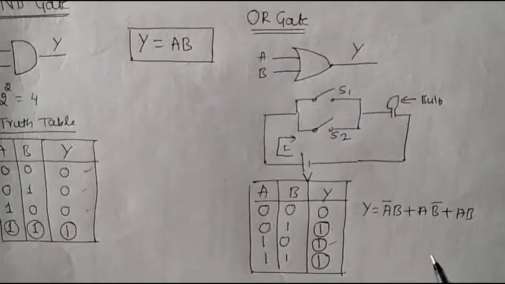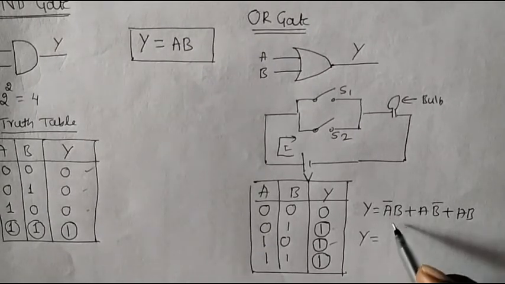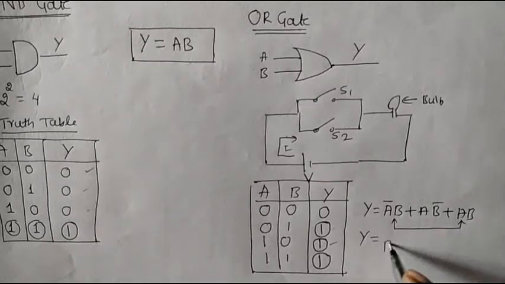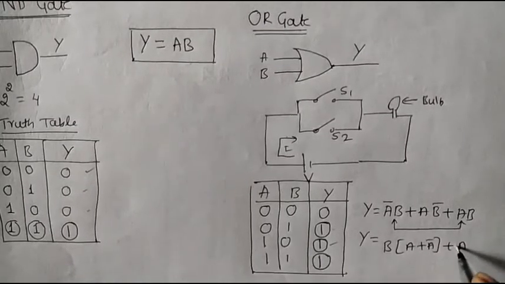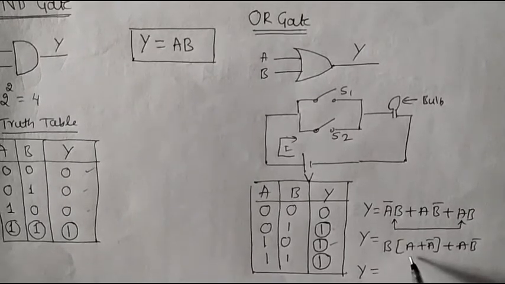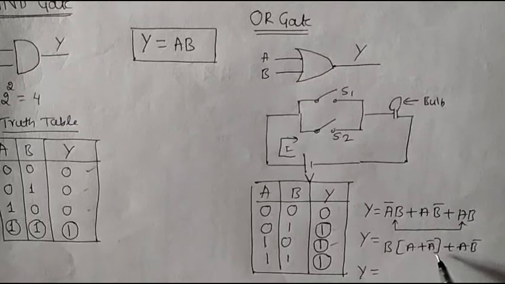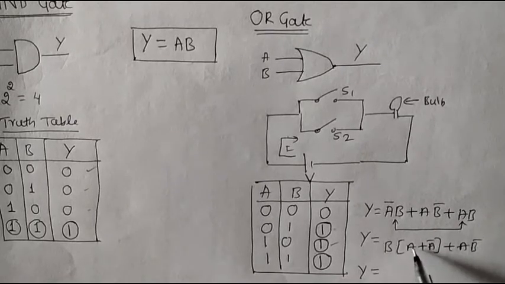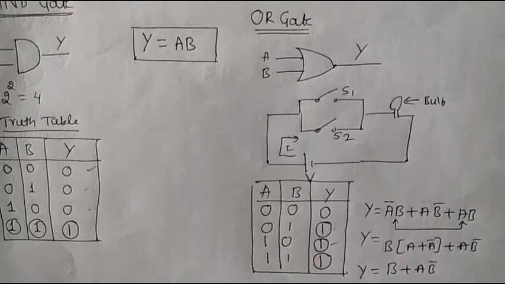Now we will simplify this expression. I can write Y is equal to A bar B plus A B bar plus AB. Seeing this, I can take B common. I can write it as B times (A plus A bar) plus AB bar. So I can write Y is equal to, we know that A plus A bar is equal to 1. By seeing the Boolean laws, we can say A plus A bar is equal to 1 and B dot 1 is equal to B plus A B bar.